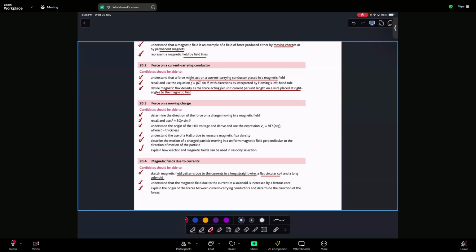Okay, so paper 5, I will solve a recent paper, March 2024. I haven't got the May June 24 one, but I can give it in the exam. Today is the last one before your exam.